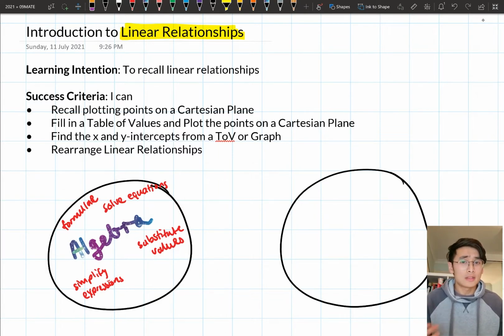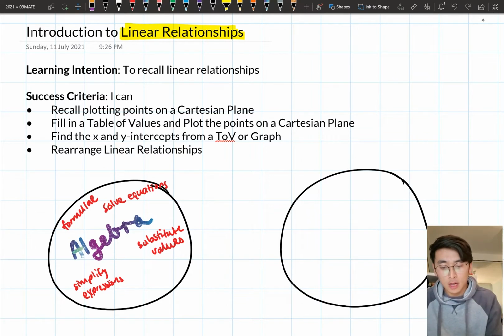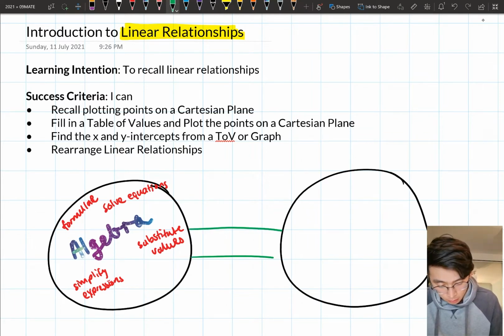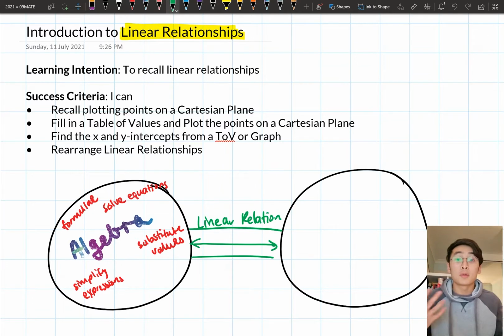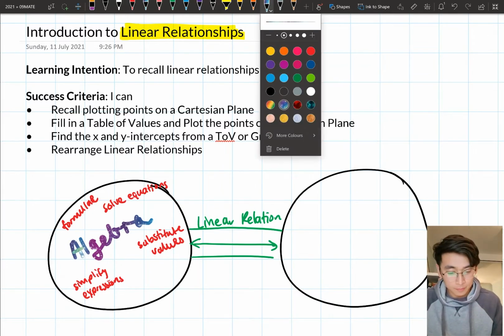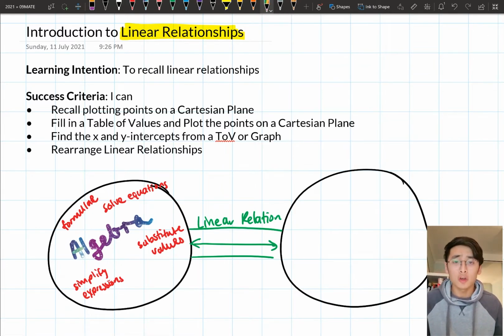But what this next topic of linear relationships does is it builds a bridge. So here, this is where our linear relationship is a bit of a bridge that links up, and now we have a connection between the two, between algebra and another topic called geometry.